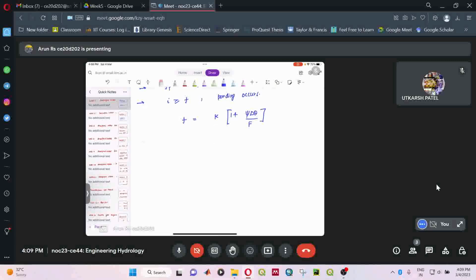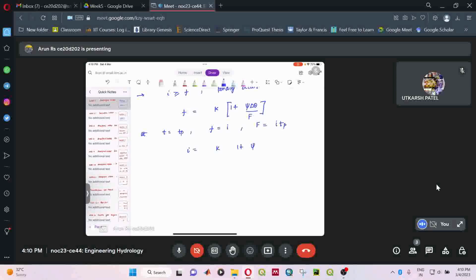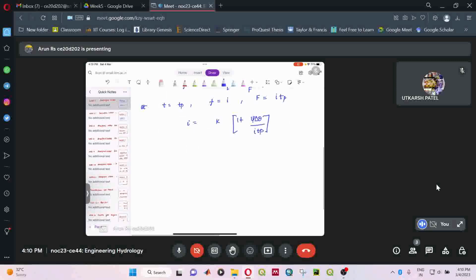When ponding occurs, the infiltration rate will be equal to the rainfall intensity, and the cumulative infiltration depth can be written as rainfall intensity times the time of ponding. If we substitute in the above equation, I equals K times 1 plus psi delta theta divided by I t p. We need to derive the expression for the time of ponding.